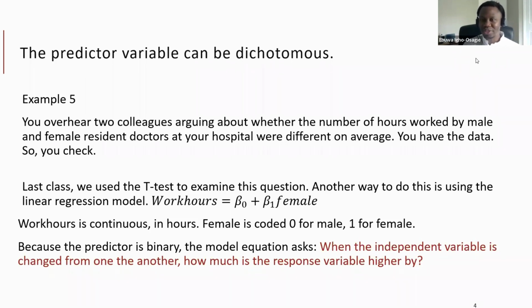At this point, I'm going to again ask if anyone can unmute themselves and answer: what is a continuous variable? Adeshola Modupe, can you help us with that? Do you remember what a continuous variable is? Hello?